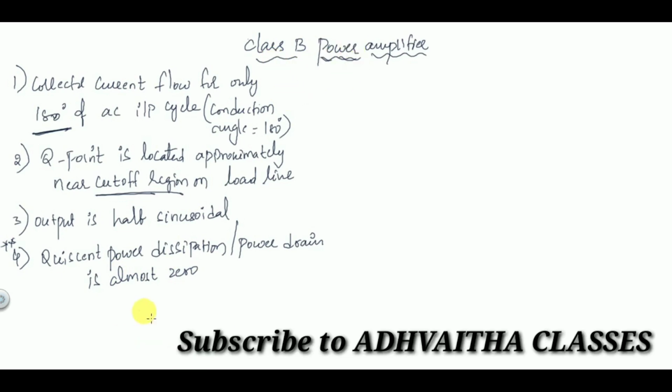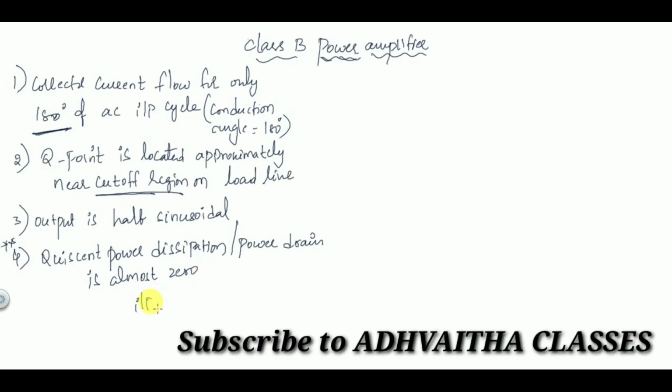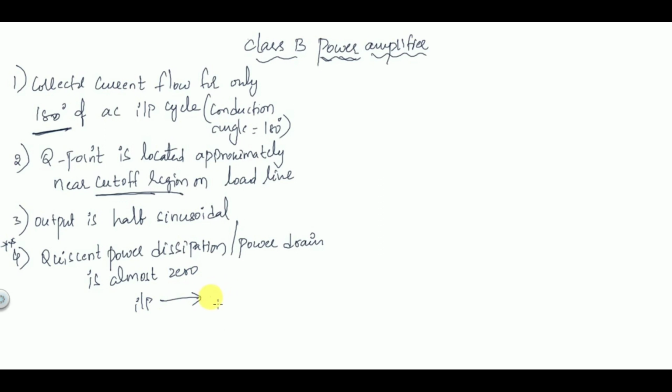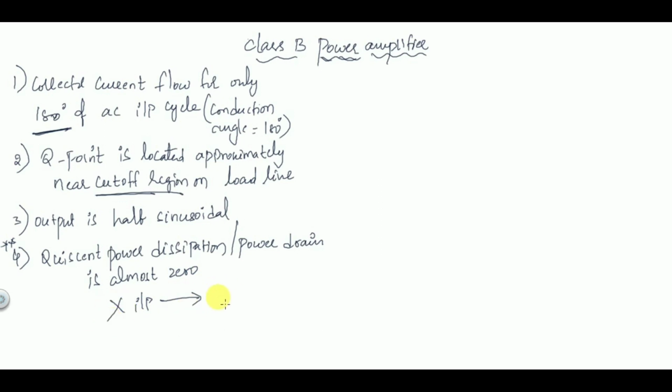That is, if input is not applied, no current flows in the circuit and hence no power dissipation occurs in the circuit. Okay, so this is the advantage of class B power amplifier.